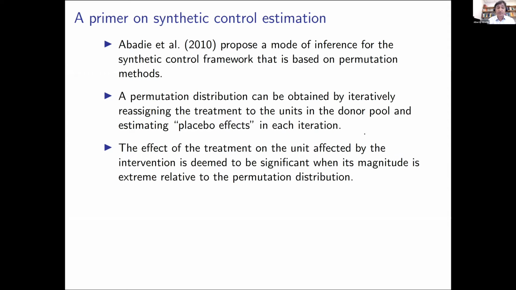Basically, we create a permutation distribution by iteratively reassigning the treatment to all the units in the donor pool, and estimating these placebo effects in each iteration. Then we say that the effect of the treatment on the unit that is affected by the intervention is significant when the magnitude of the estimated effect is extreme, relative to the permutation distribution. This is the way in which we are going to do inference.